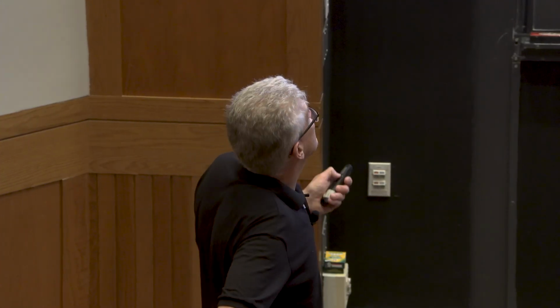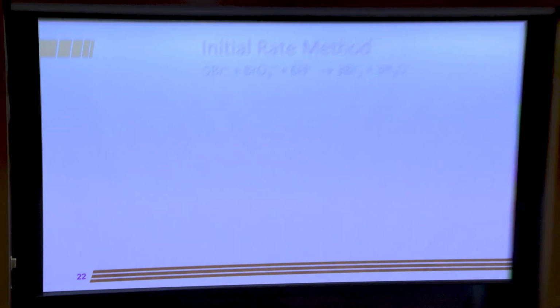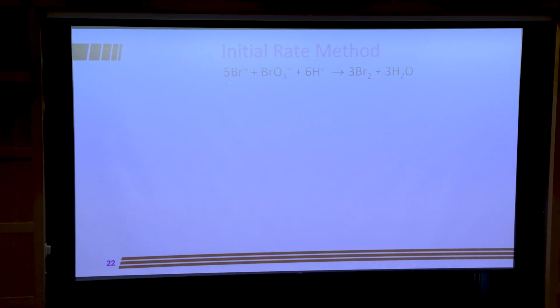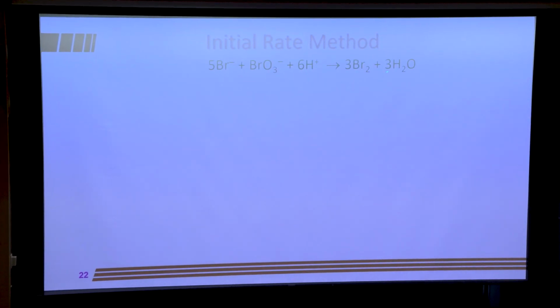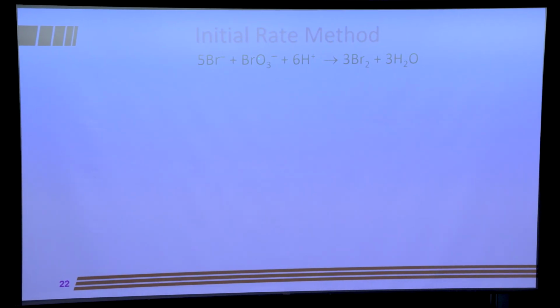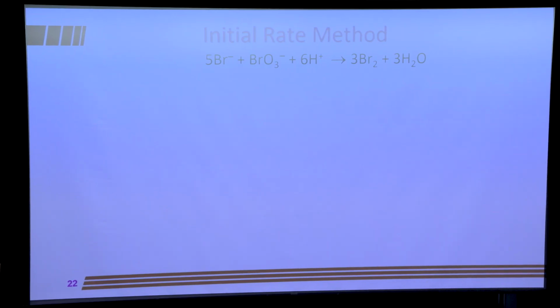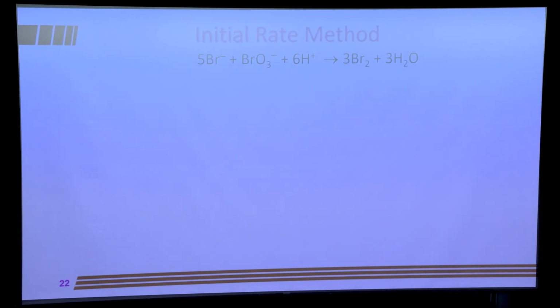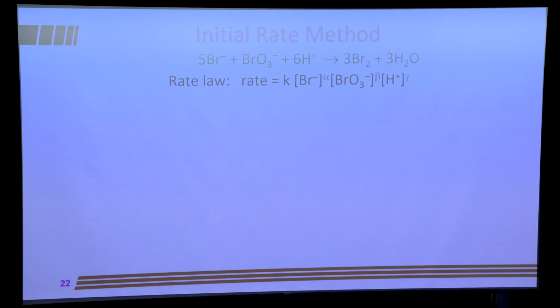So here we have our example equation again: 5Br minus plus BrO3 minus plus 6H plus, giving us 3Br2 plus 3H2O. The rate law we can always write down in general is equal to the rate constant times the concentration of each reactant raised to some power, in this case alpha, beta, gamma.